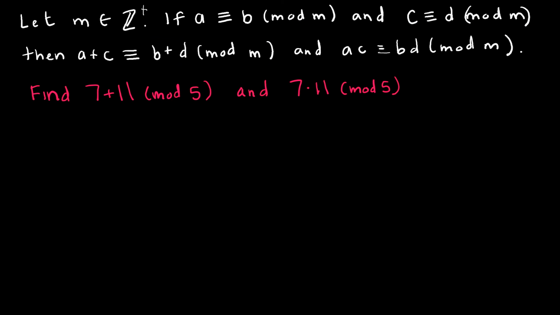Let's take a look now at those same theorems again and actually use them in an example. Before we actually use those theorems, though, I want to look at just some regular modular arithmetic with you. So this one says, let's find 7 plus 11 mod 5.